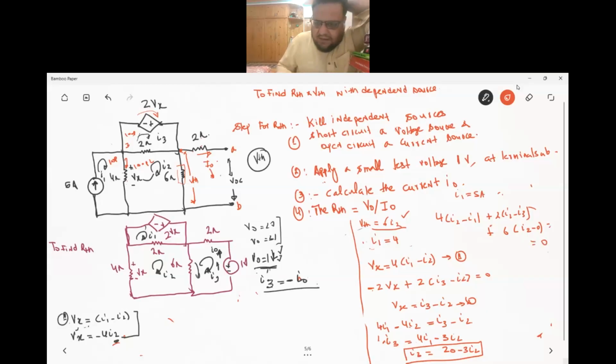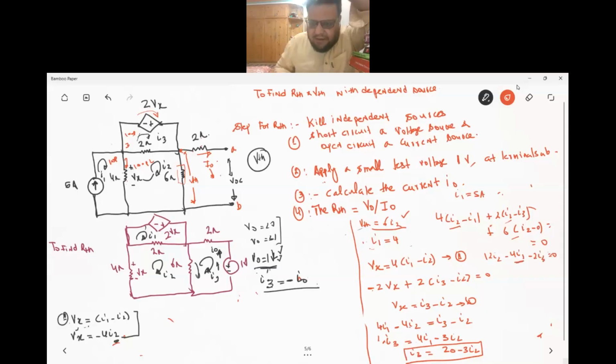This is equal to 0, right? I started with the direction of I2, so I just utilize this equation for that. So 4I2, 2I2 and 6I2, so this becomes 12I2 minus 4I1, and then minus 2I3 is equal to 0.